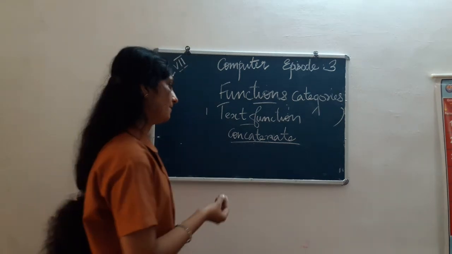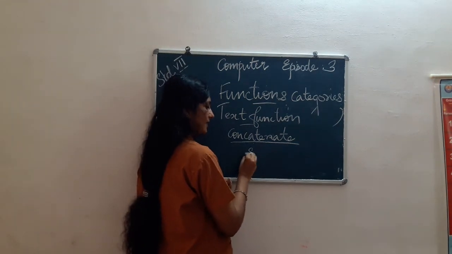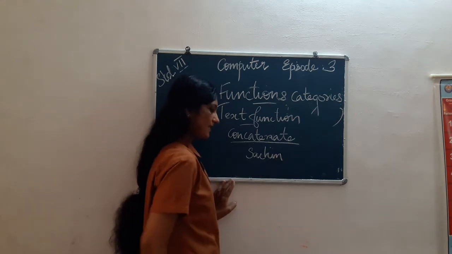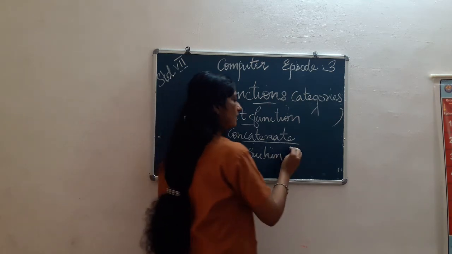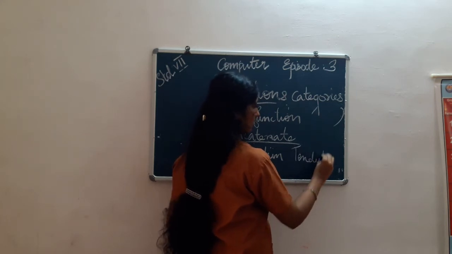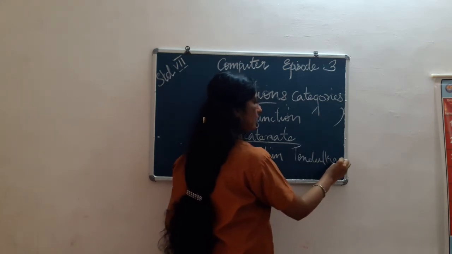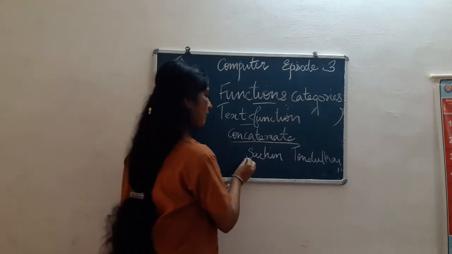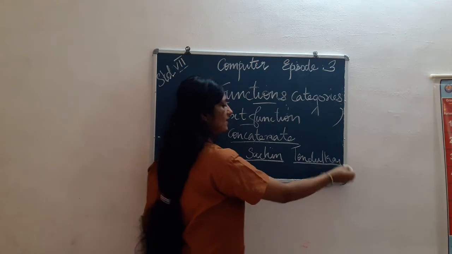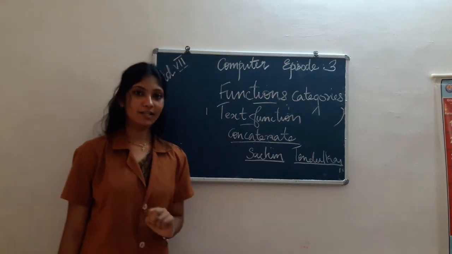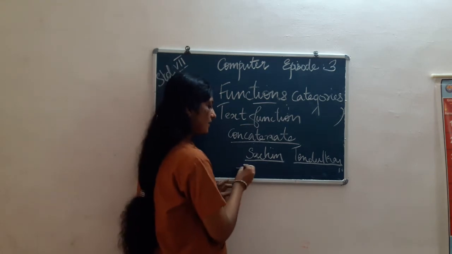For example, Sachin is a word. Right? And another word is Tendulkar. The first word is Sachin and the second word is Tendulkar. We can join these two words into a single word. Then what is the output?